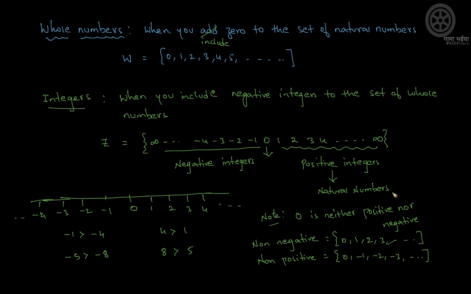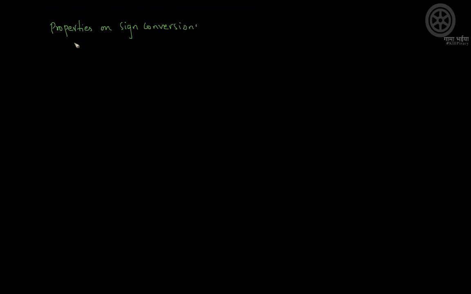Now we will discuss some properties of integers, like sign conversion. These are basic points which are very important at the time of simplifications. If I take a plus b, it will be a plus b.